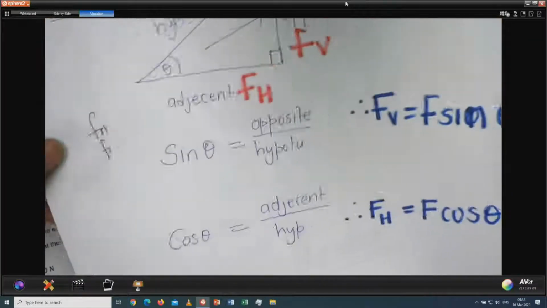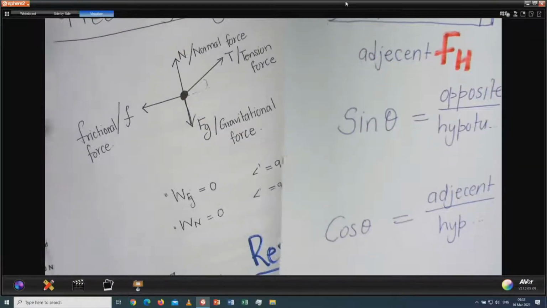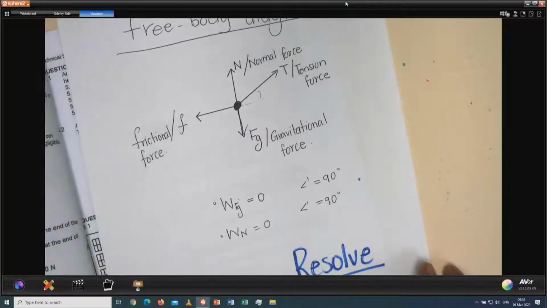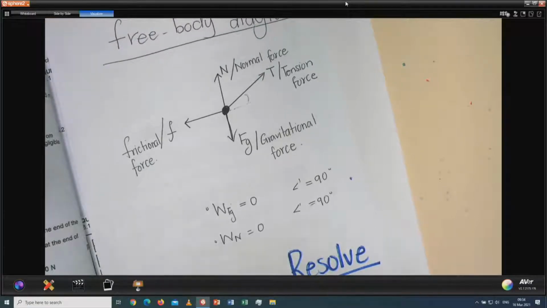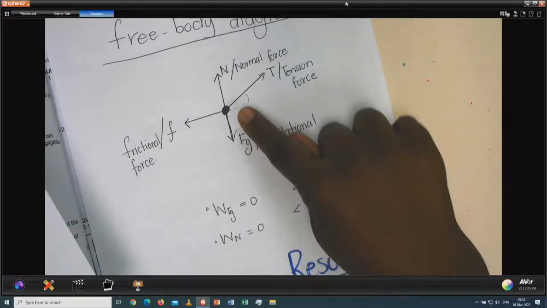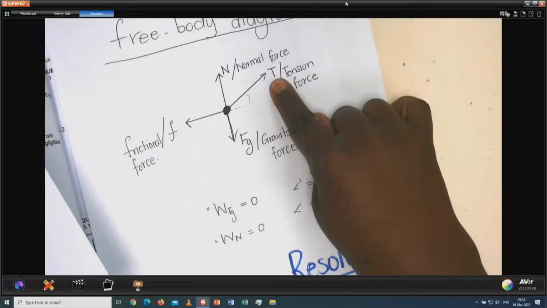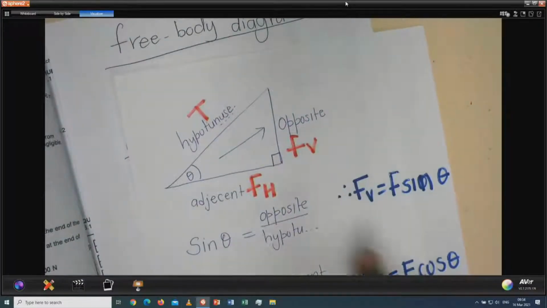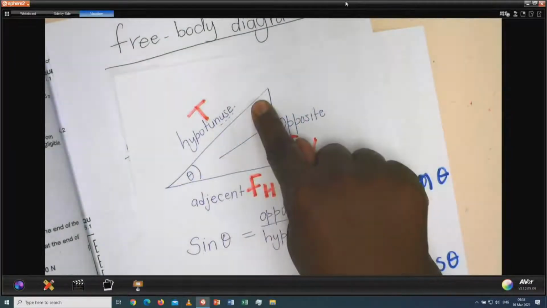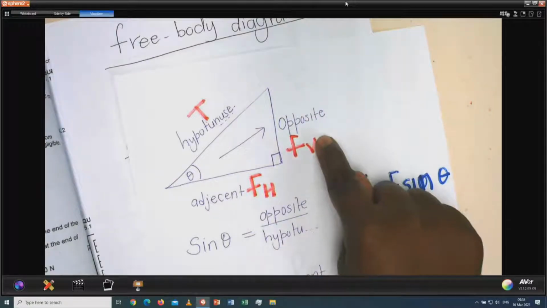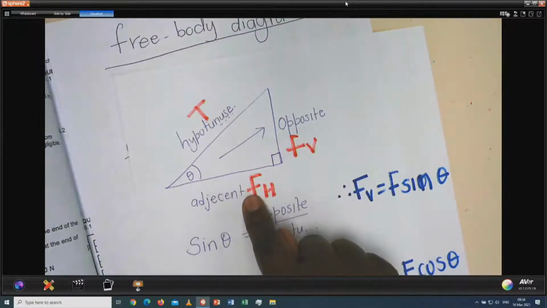So why am I doing this? It's to take us back to that definition of work, that in order for work to be done, the force and the displacement must be in the same direction. So if we have a force acting at an angle, it has this vertical component and this horizontal component.